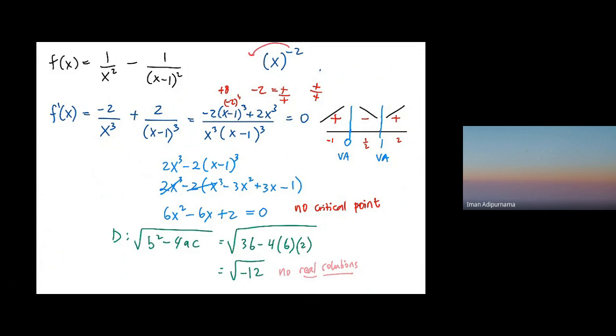This is inside the quadratic formula: minus b plus or minus this, and then divide by 2a, right? So if we check the determinant and it is negative, it means we don't have a real solution, unless we are going to check complex numbers. But we stay away from complex numbers in this calculus.